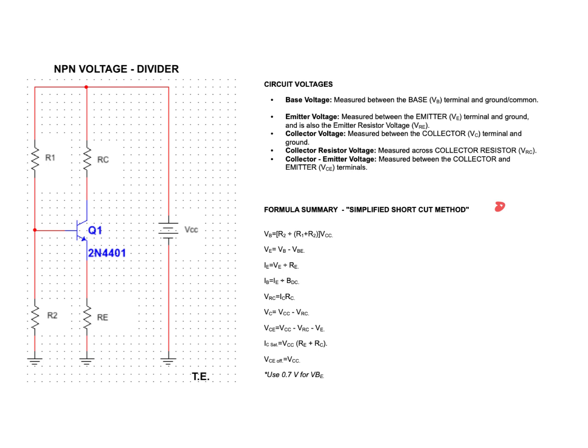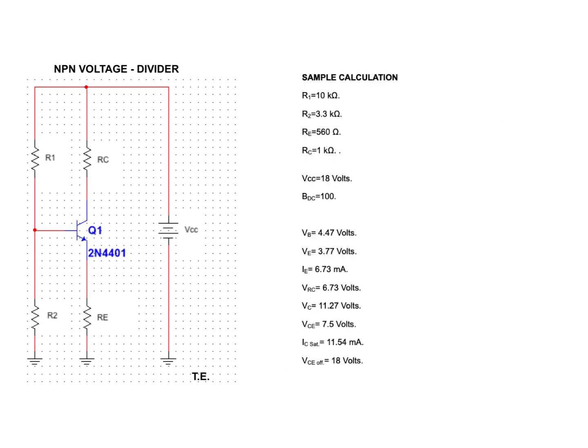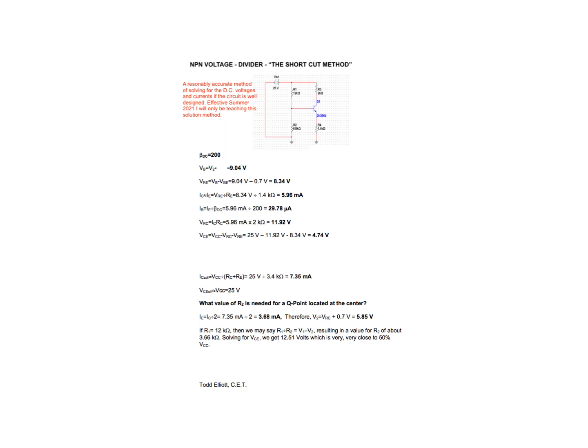This is essentially just what we went over, so this is a good resource for you. Okay, sample calculation, like that. Another practice question for you. This is an earlier handout I made about 3 years ago on the shortcut method. And again, there's some notes about it.